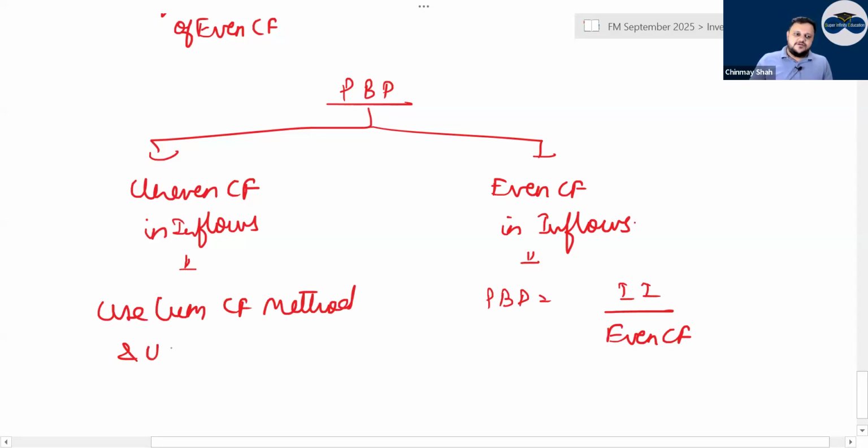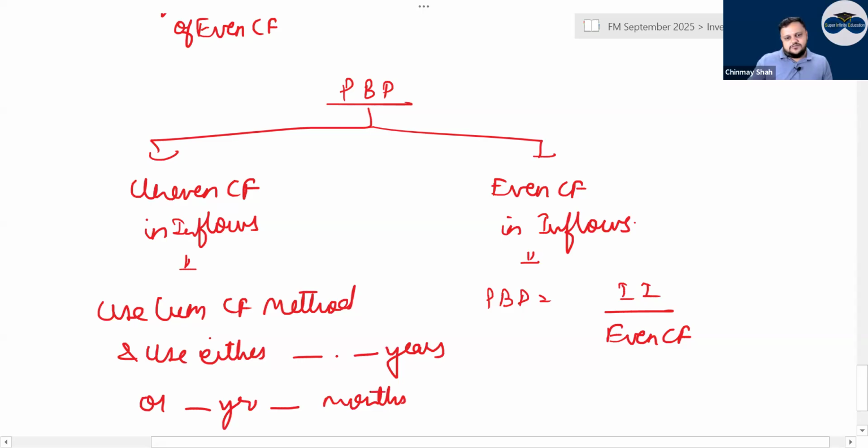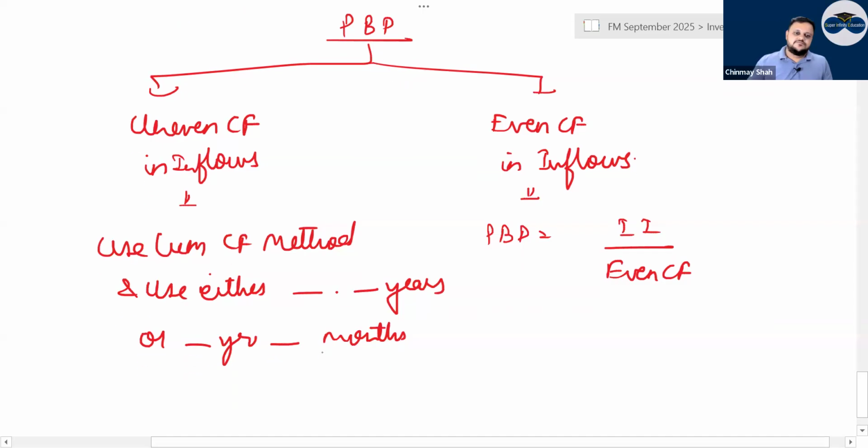And use either dash point dash years or dash years dash months, right? Round up always. But only months are to be rounded up.